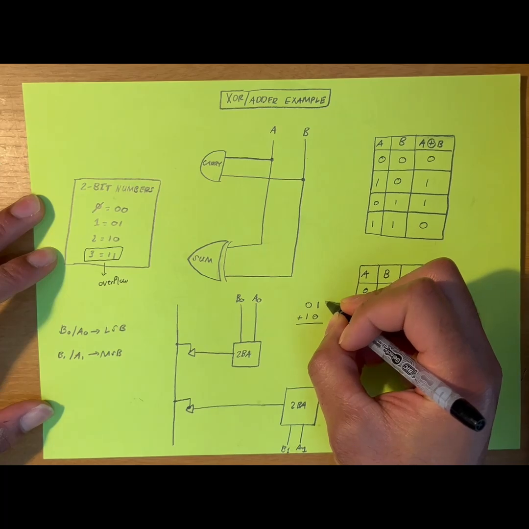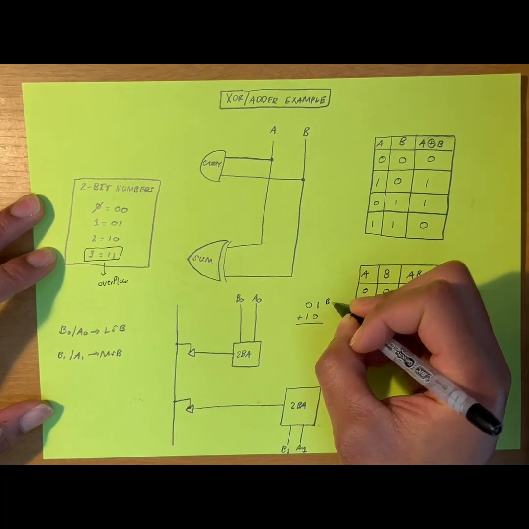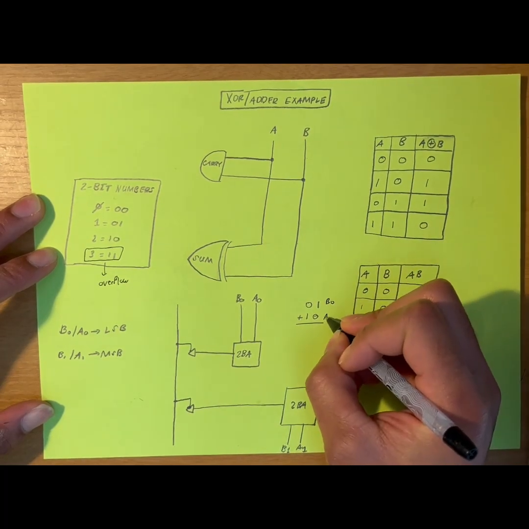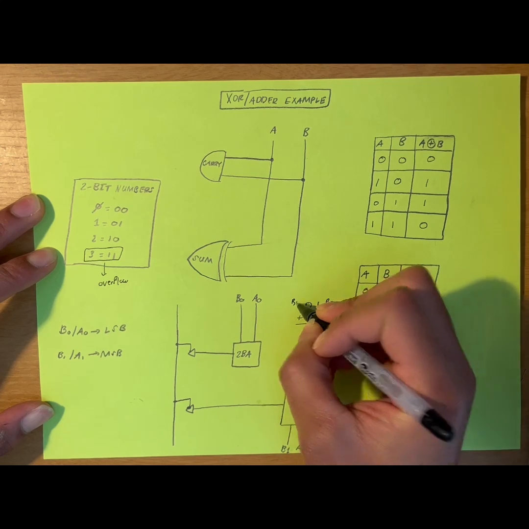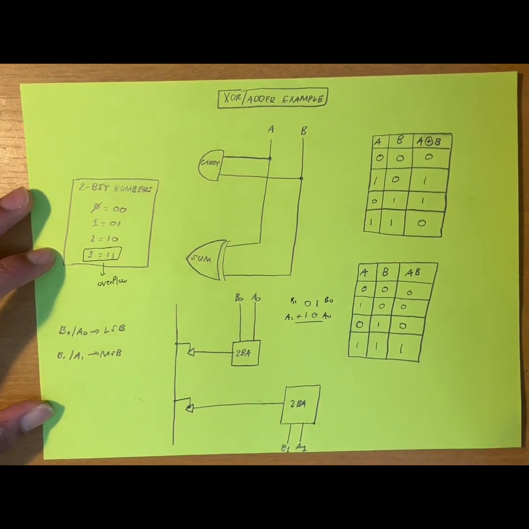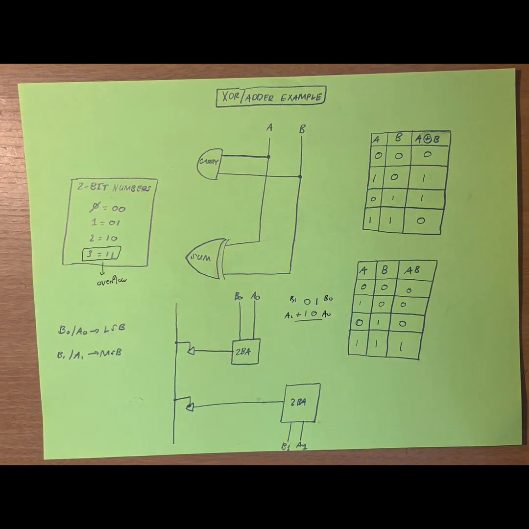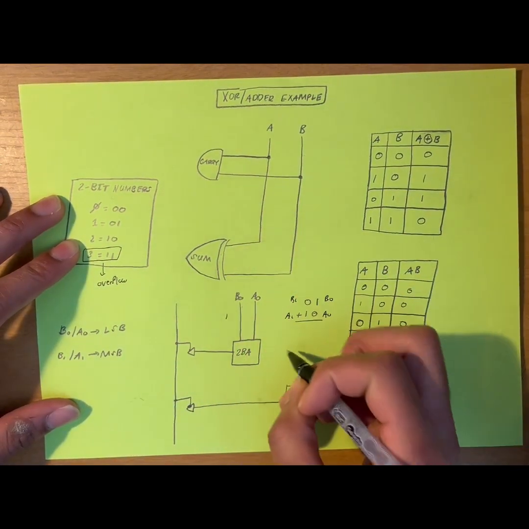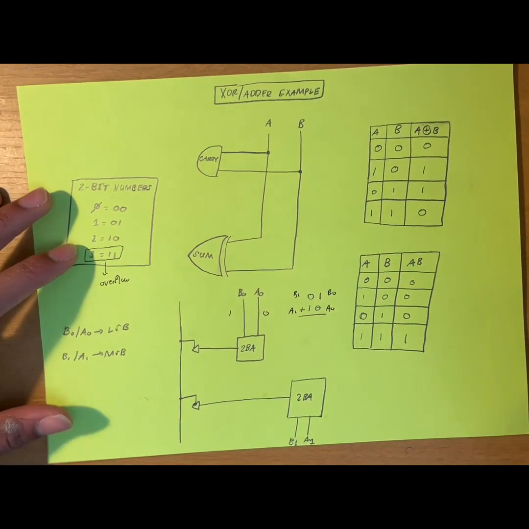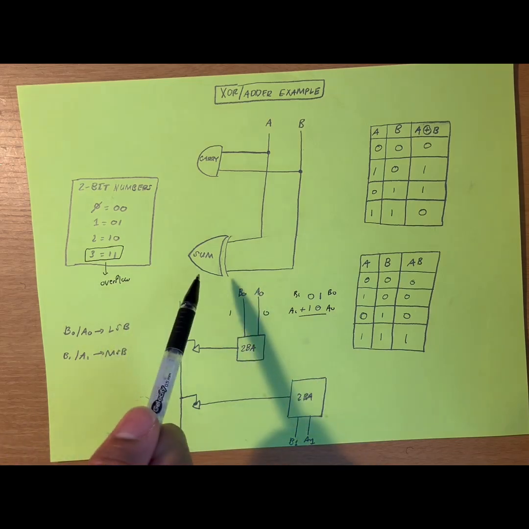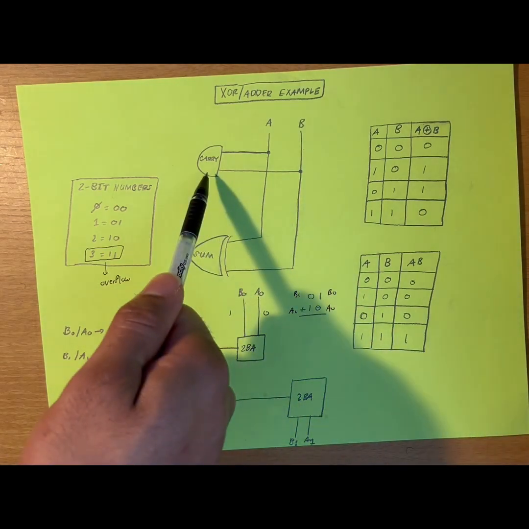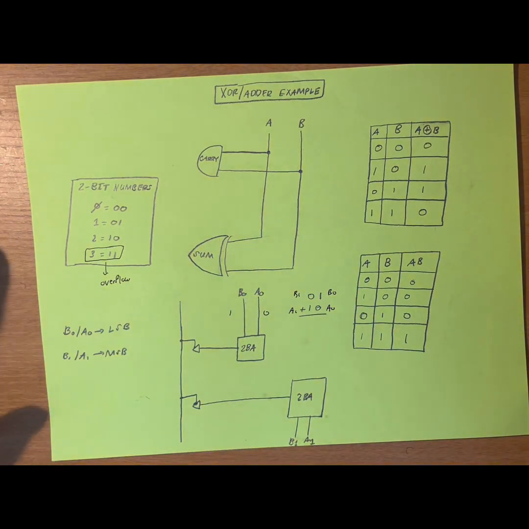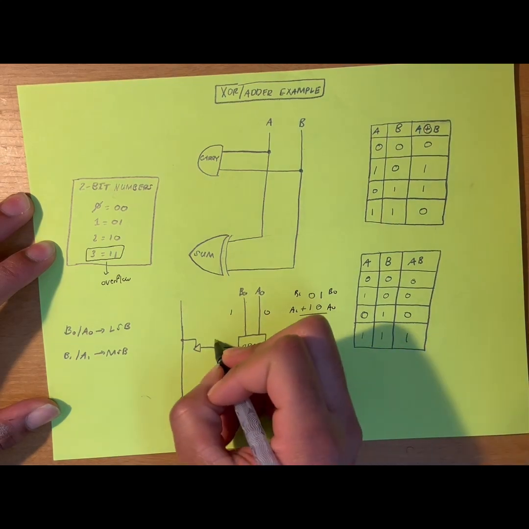So this will be B0, A0, B1, A1. So let's say we have 1 go out into the bus, or into the adder. So 1, 0. That means the XOR gate will go high, and the carry will be low. So that means a 1 is output to the bus.